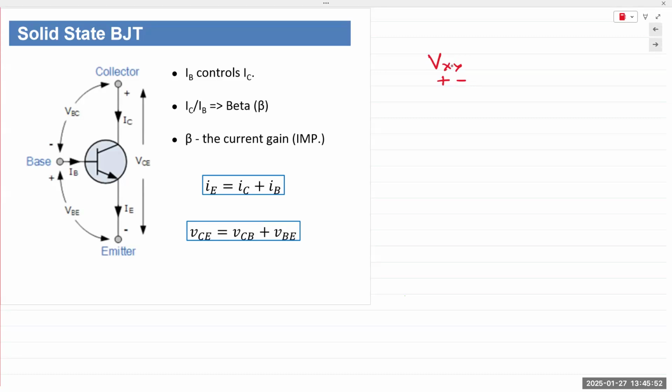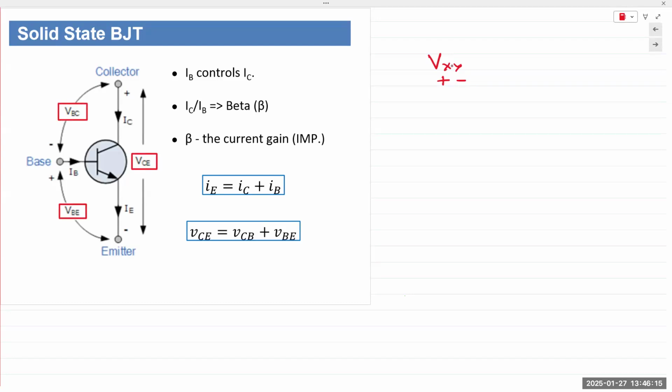So if we say VCE, we are measuring voltage at the collector with a reference at the emitter. And we say VBE, voltage is measured at the base with respect to the emitter. And VBC means voltage is measured at the base with reference to the collector. So please keep that in mind. And then the currents are IB, IC, and IE.